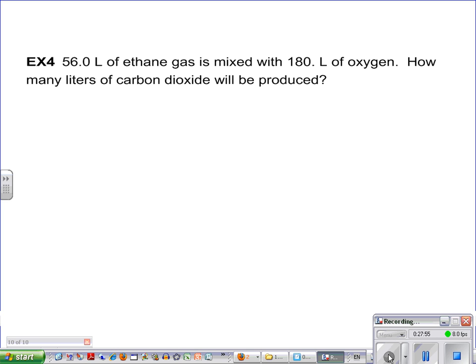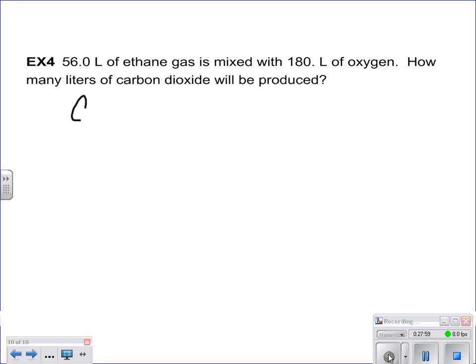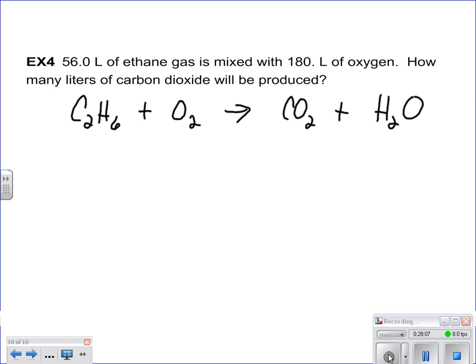Okay, so we have our last one here, and this is just taking ethane plus oxygen. It combusts and we get carbon dioxide and water. Balanced, it becomes that. We write information underneath.